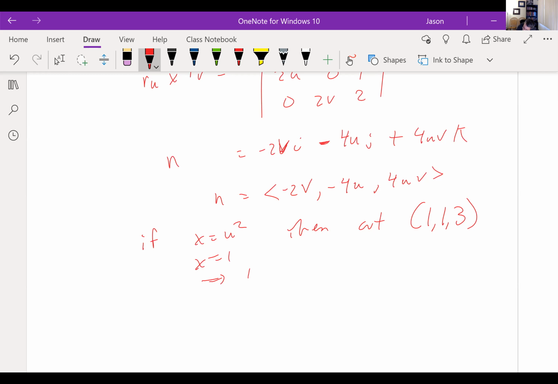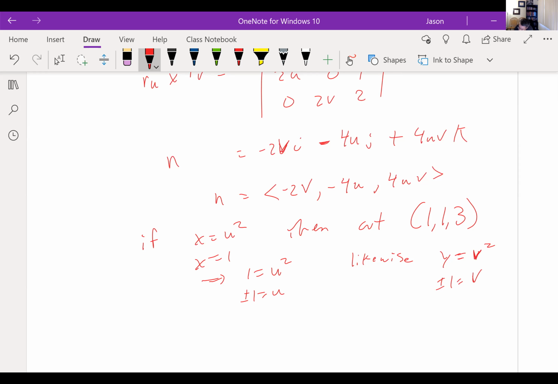So this implies that 1 is equal to u squared, which implies that u is equal to plus or minus 1. Likewise, if y is equal to v squared, then v is plus or minus 1, by the same logic.